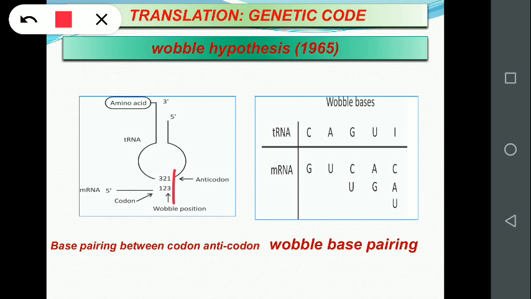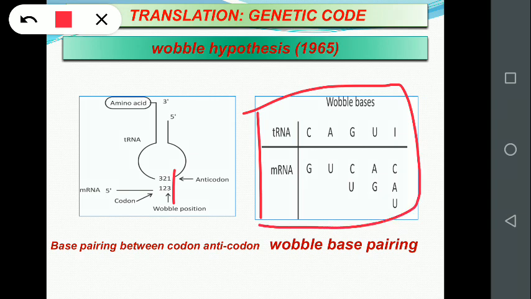If you have A in the codon, definitely the anticodon must have U. If you have G, then it should have C. But in the case of the third base, there is flexibility. That flexibility is covered in this table.